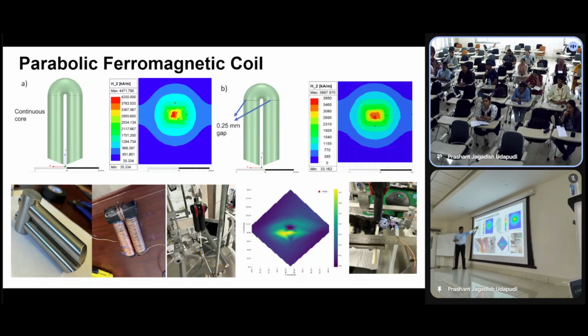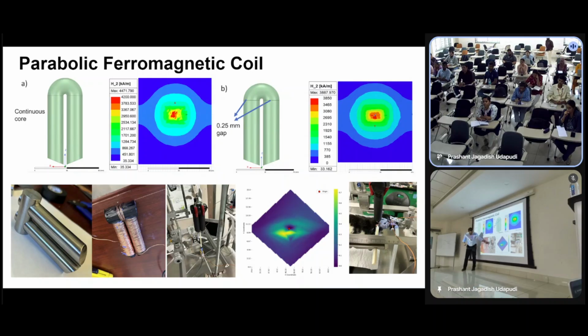So this was not possible because it's not that malleable or ductile. So we had to change our shape to something like this. Of course, the performance reduced a little, going from here to here, right? Now you wind the coils to generate a magnetic field so that it goes through this point, which is focal.